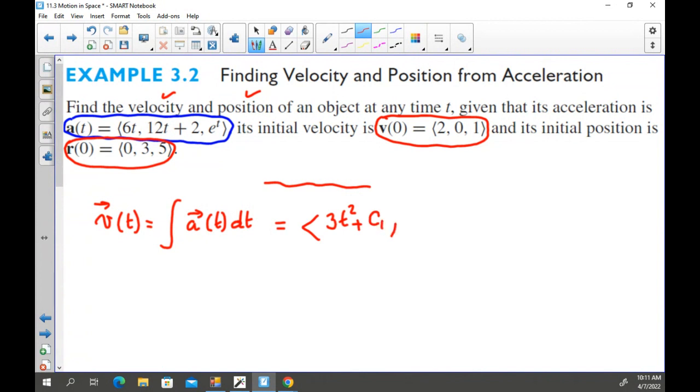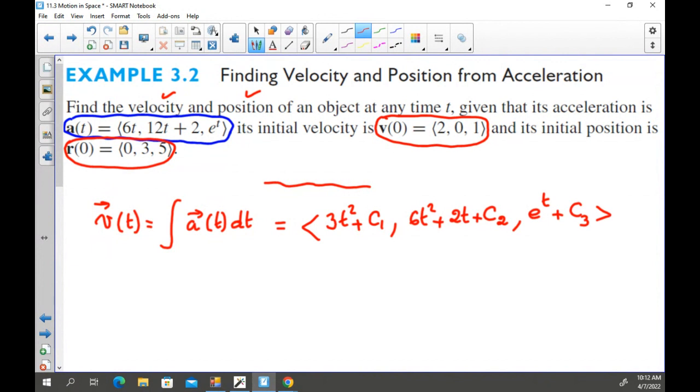Don't forget the constants. And then 12t plus 2, 6t squared plus another constant. And number 3, e to the power of t plus a third constant.